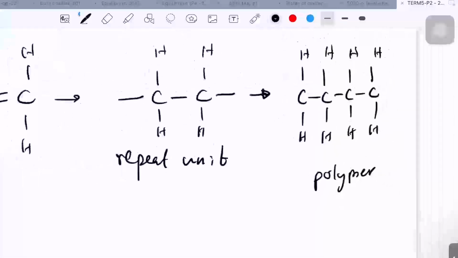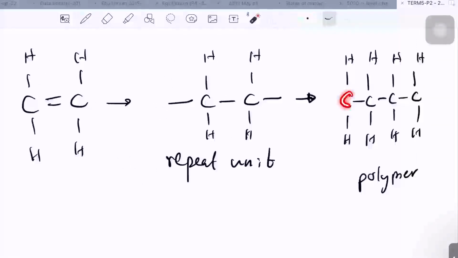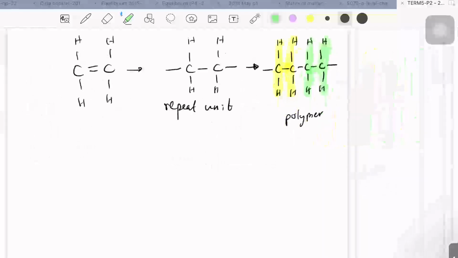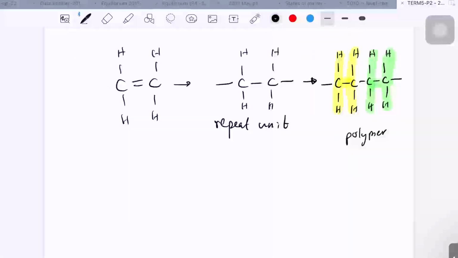The first carbon and last carbon, look at them. There's only 3 bonds now. That's wrong. So what should I do? Put a line to this carbon and that carbon. Right, so you can see there are 2 repeat units I have used to draw the polymer. 1, 2. Let's look at another example.